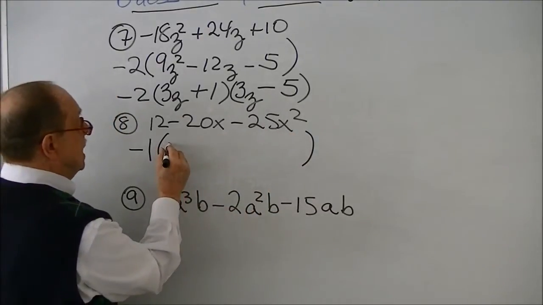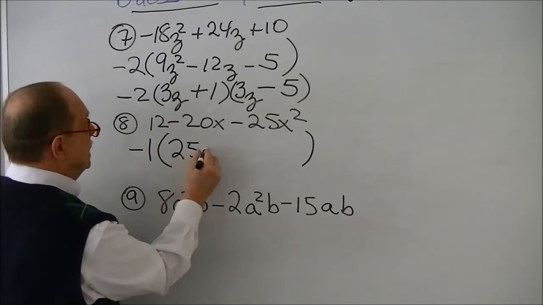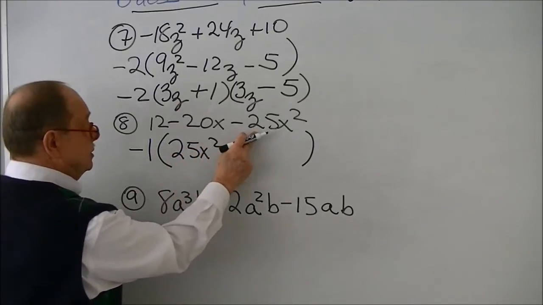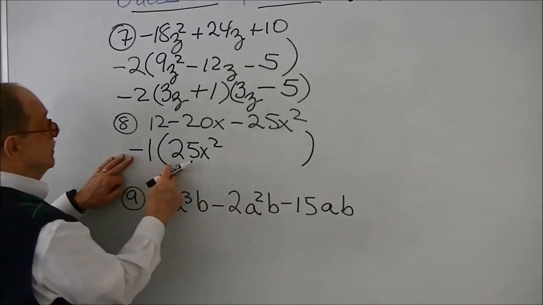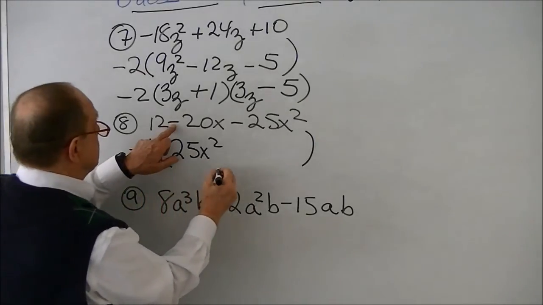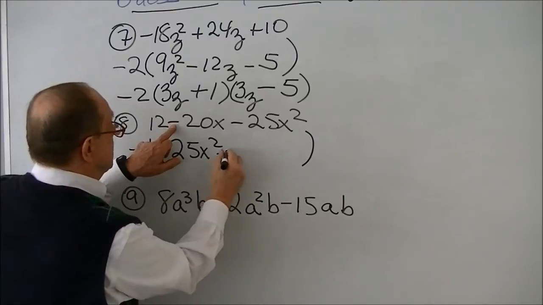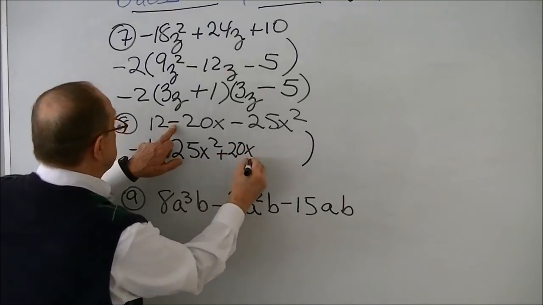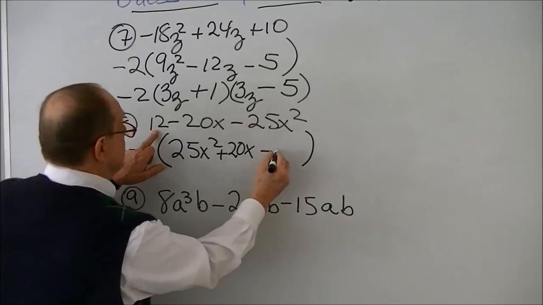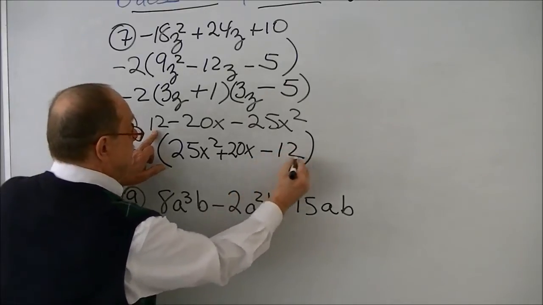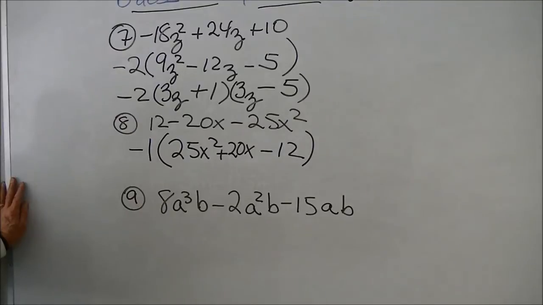So this becomes a positive 25x squared. It used to be a negative, now it's a positive because I've taken out the -1. This was a negative, it's now going to become a positive. And this was a positive, now it's going to become a negative. Okay, that I think is a little bit better.